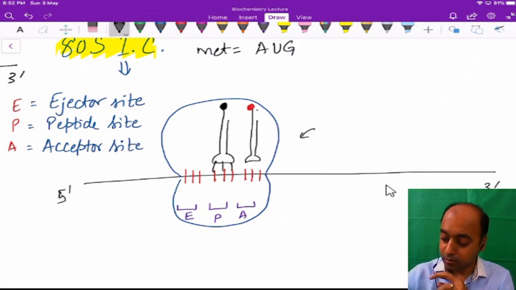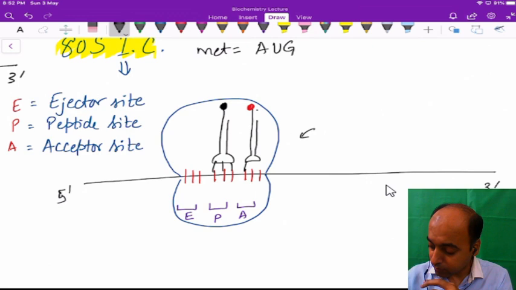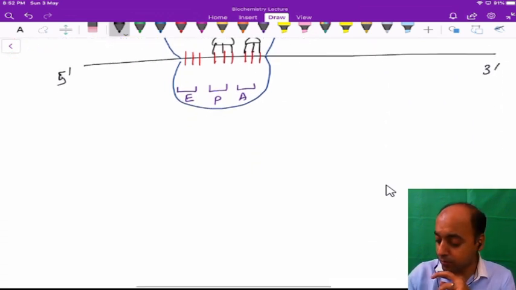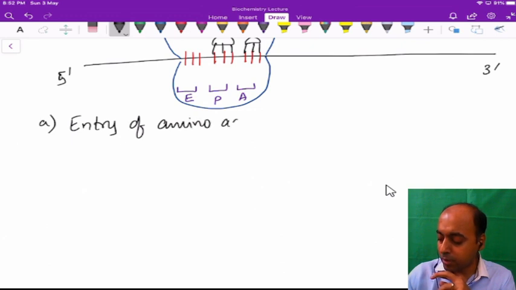And then it will attach to the codon. So two things happen. Number one, entry of amino acyl tRNA. Second, attachment.